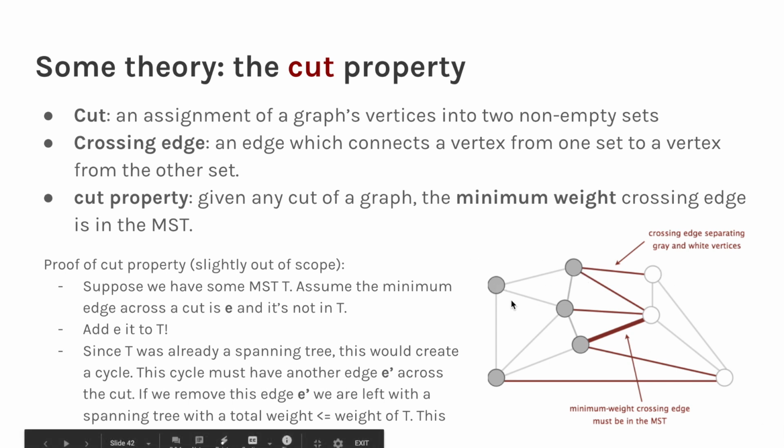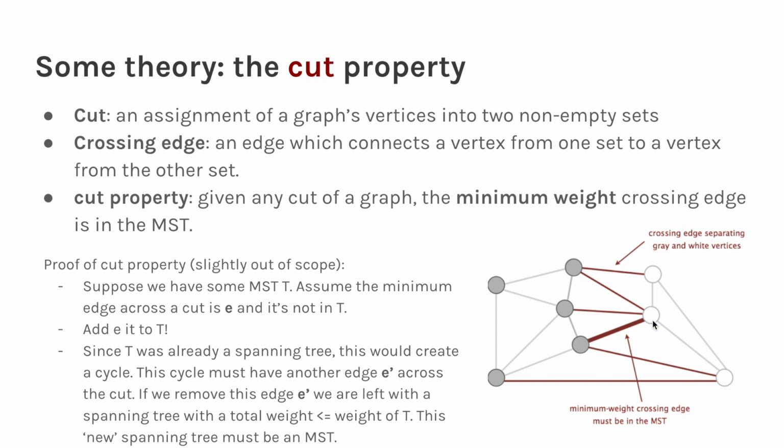We look at all the edges across that cut. The minimum edge across the cut is in the MST. Or in this case, all the gray nodes are in one set, all the white nodes are another set. This thick line is the minimum weight crossing edge, and we're saying that minimum weight crossing edge across this specific cut is in the MST.